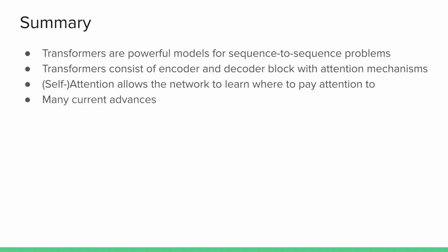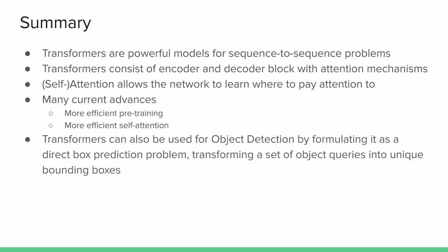There are many current advances, as you've seen, like how to improve pre-training, how we can do transfer learning, and how we can compute this self-attention mechanism in a more efficient way, ideally with a linear time and space complexity algorithm. They can also be used for object detection, which we discussed at the end, by formulating it as a direct box prediction problem and transforming a set of object queries.